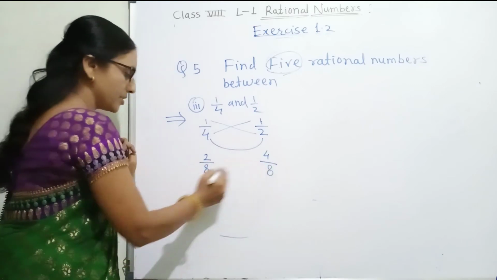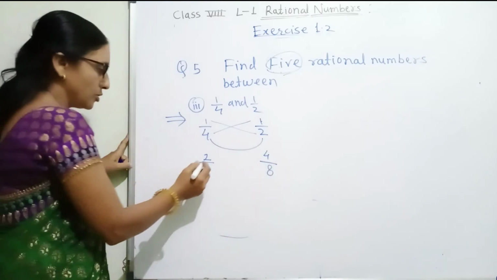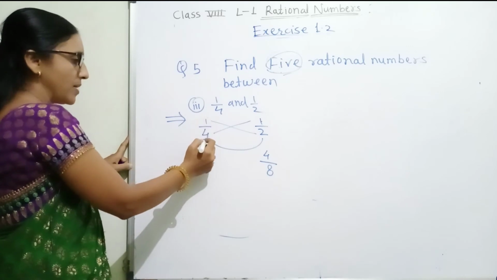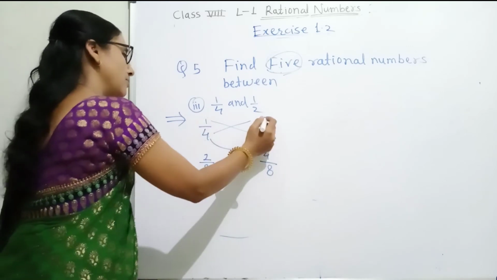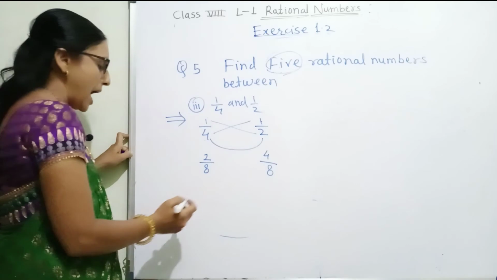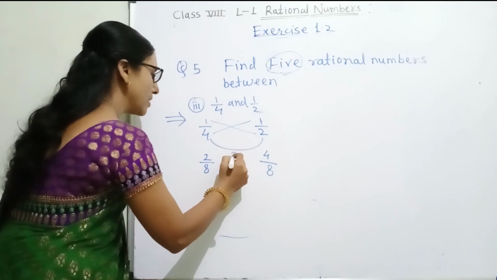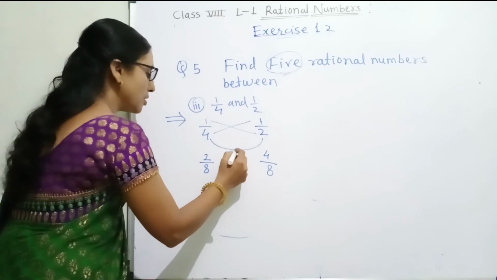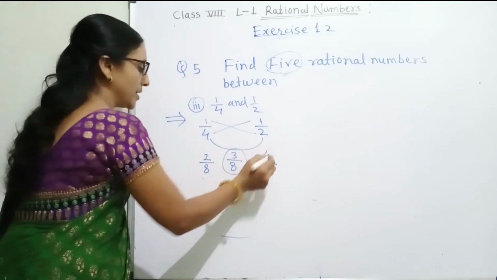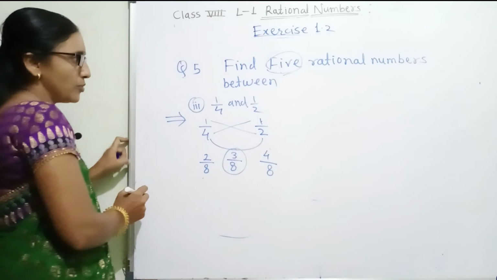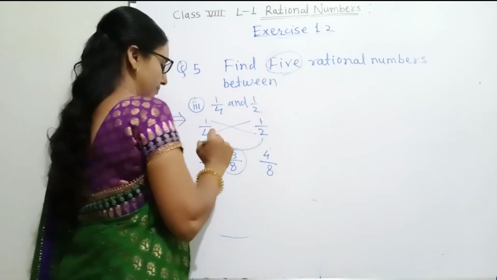Now the denominators are equal. 2 by 8 is equivalent to 1 by 4 and 4 by 8 is equivalent to 1 by 2. And the rational number between these 2 rational numbers is 3 by 8. This is the only rational number between 2 by 8 and 4 by 8. But we want 5 rational numbers.